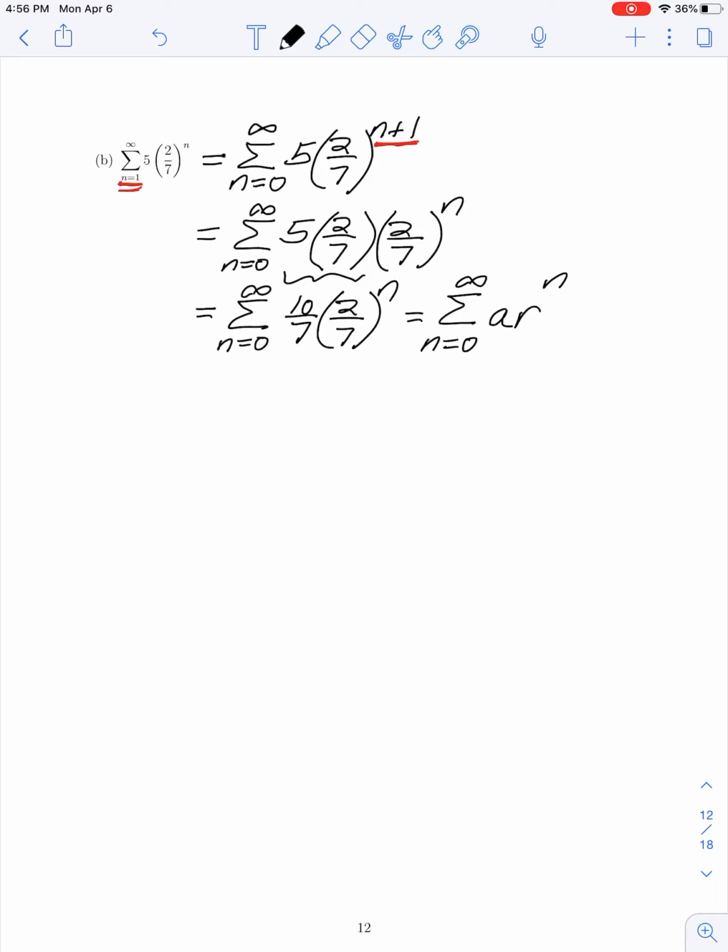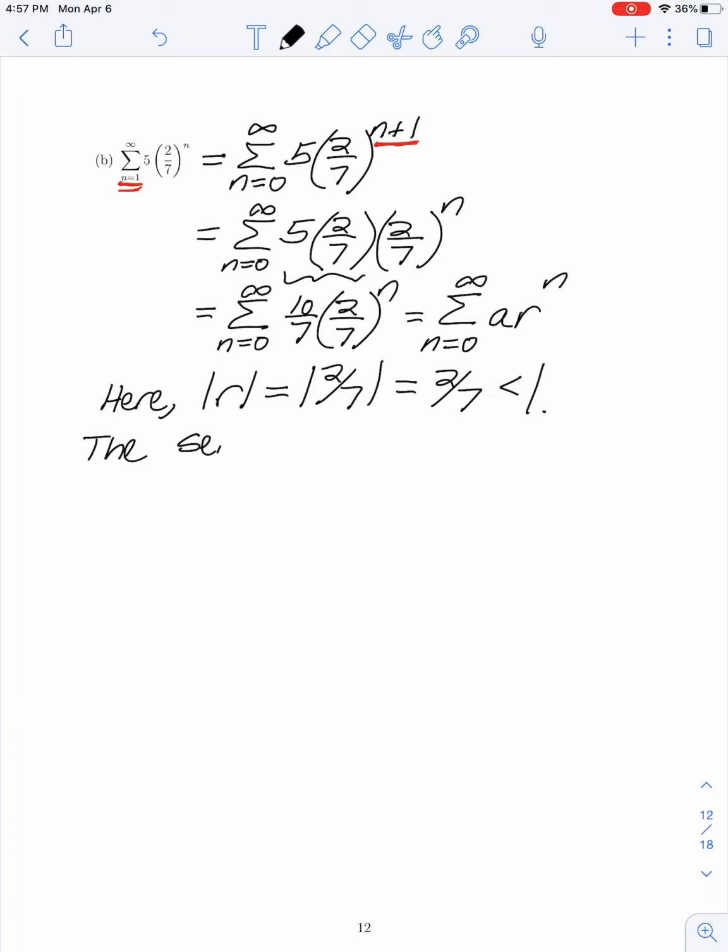Now, to determine the convergence or divergence of this series, we look at the absolute value of the ratio r, in this case the absolute value of 2/7, which is 2/7, and that is less than 1. So we know by the geometric series test, this series converges.